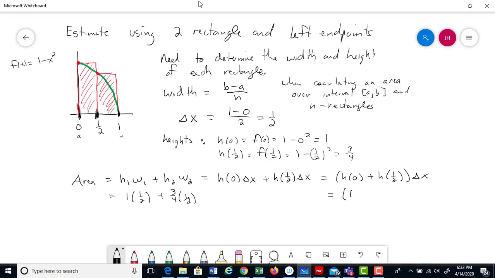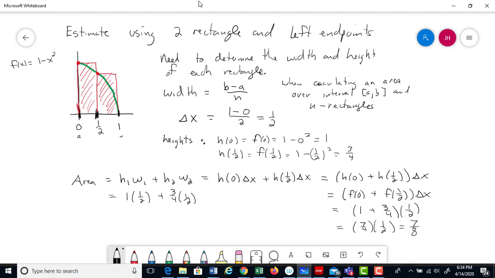So this is going to be the same thing as f of 0 plus f of a half times your change in x. So this is equal to 1 plus 3/4 times a half. So we get 1 3/4, so 7/4 times 1/2, which is equal to 7/8.